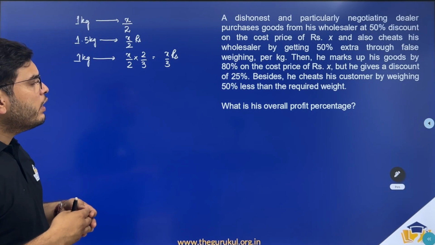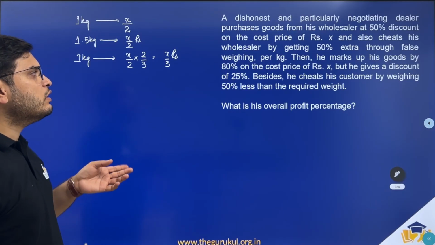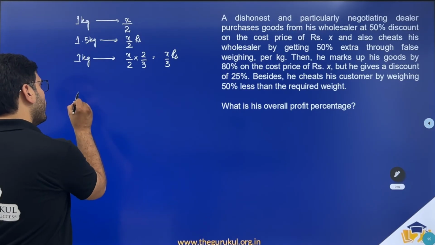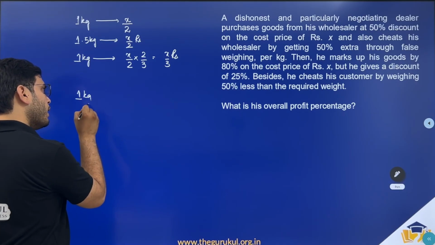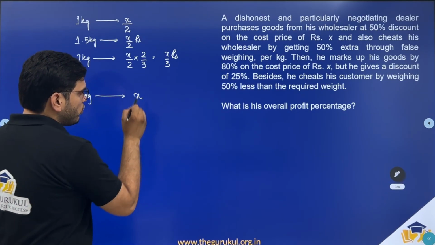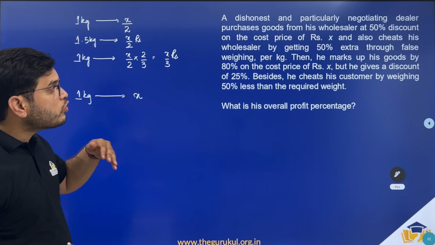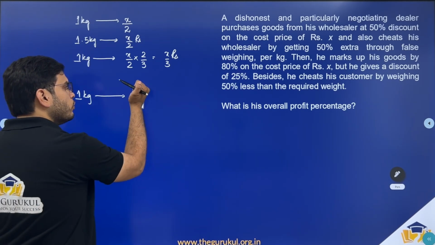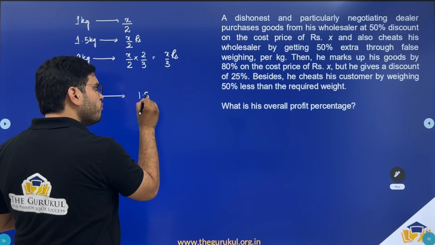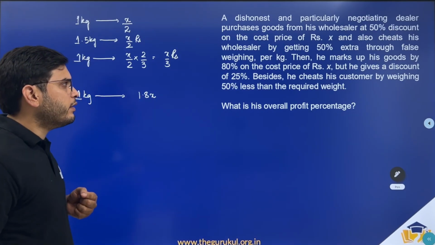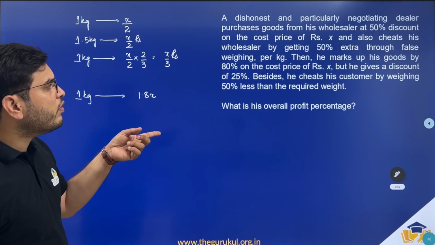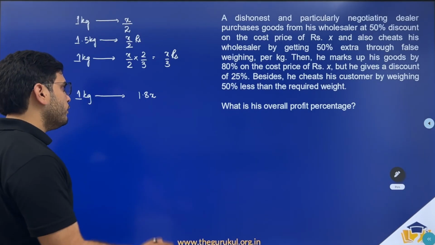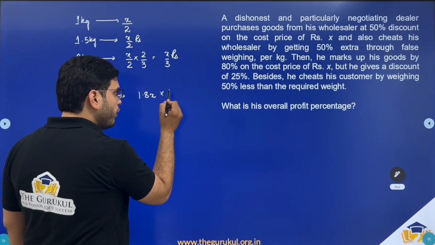Then he marks up his goods by 80% on the cost price of rupees X. So the cost price is X, and the markup is 80%, so the mark price will be 1.8x. But he gives a discount of 25%, so there will be a reduction of 25%.